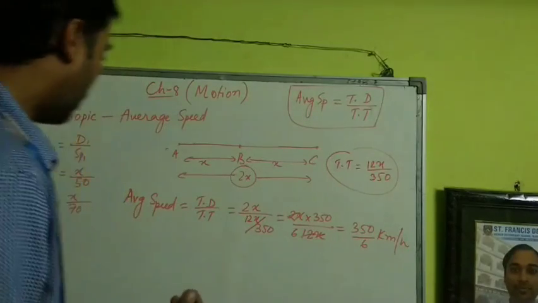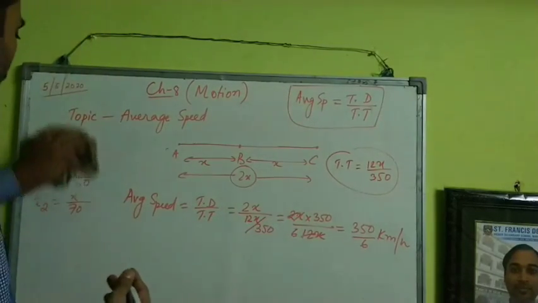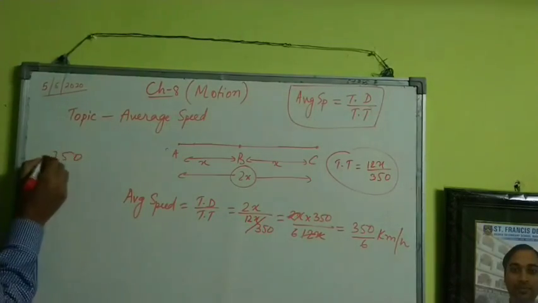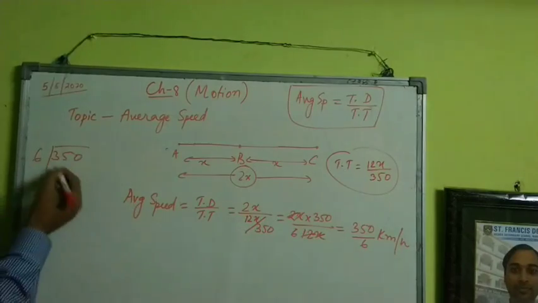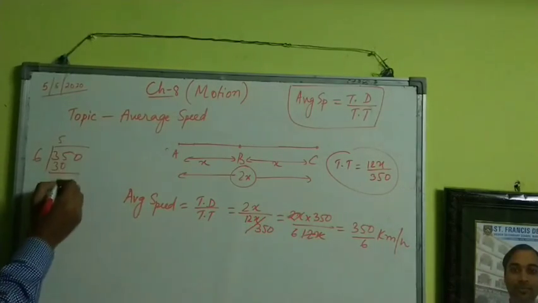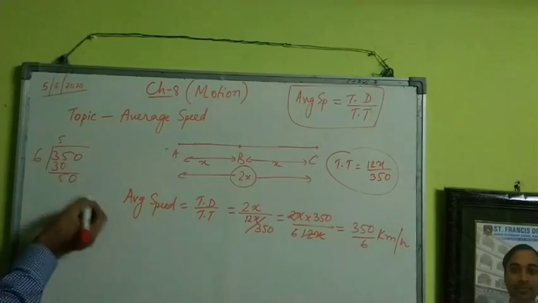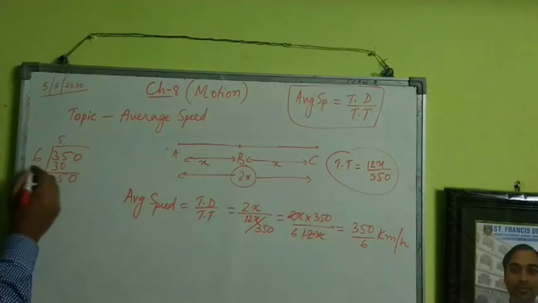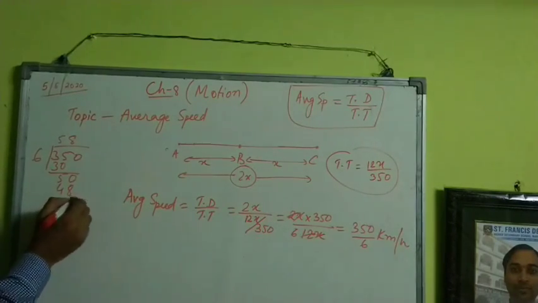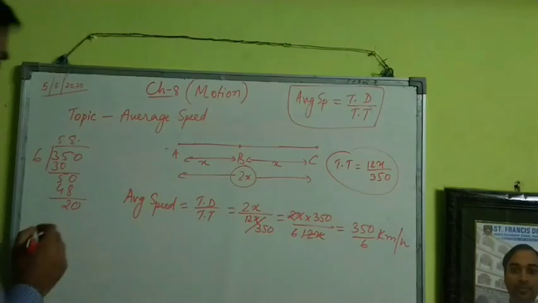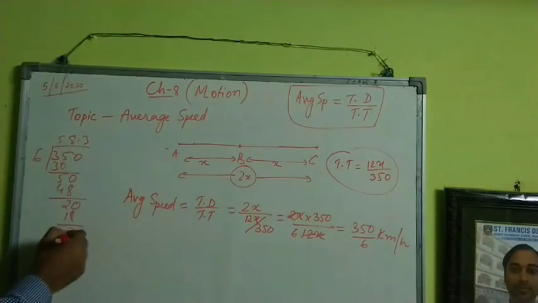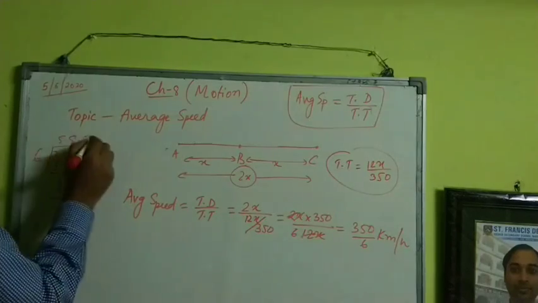So if we try to solve this fraction, let us just find out. 350 divided by 6, so 6 fives are 30, so this 5 will come down, this 0 will come down, becomes 50, so 6 eights are 48, 2 will come down, put one decimal, we can give 0 here, so 6 threes are 18, again 2, so this 3 will be repeated.